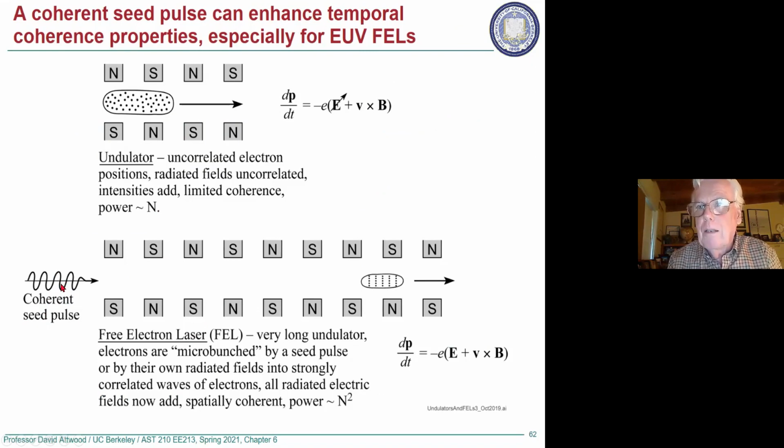And so we'll talk about that in the next class. We'll talk about where they get that coherent pulse from, and why we don't use one for the X-rays. They're operating more in the extreme ultraviolet, maybe up to 100 eV. They can go higher, but their best performance is a little bit lower than that. Yeah. Okay, good question.